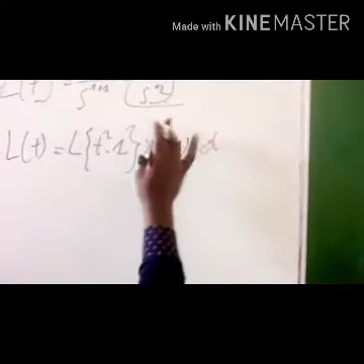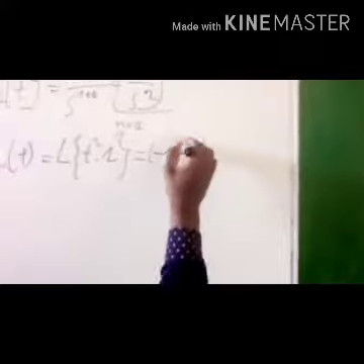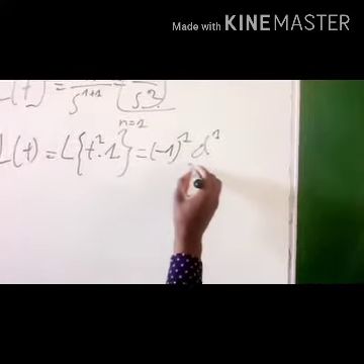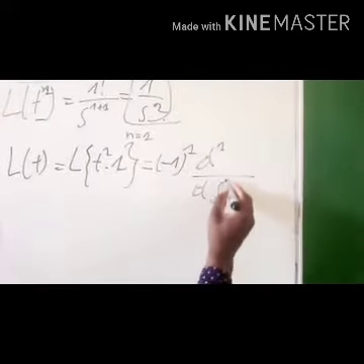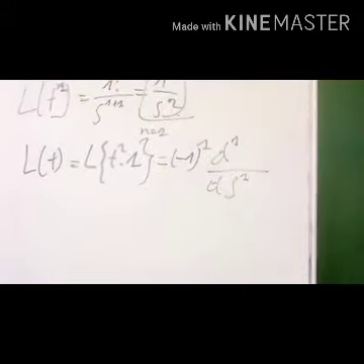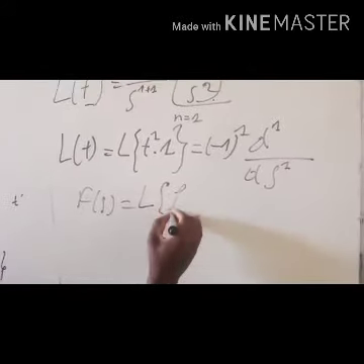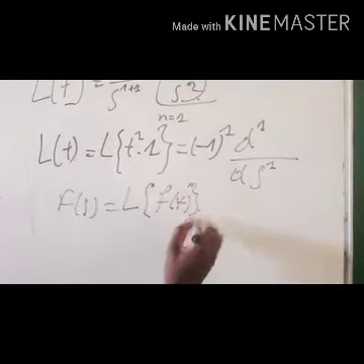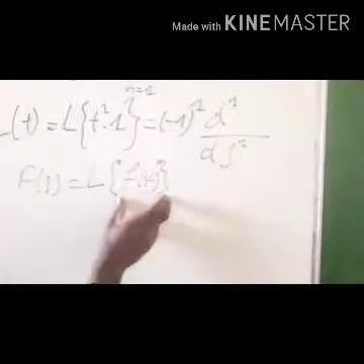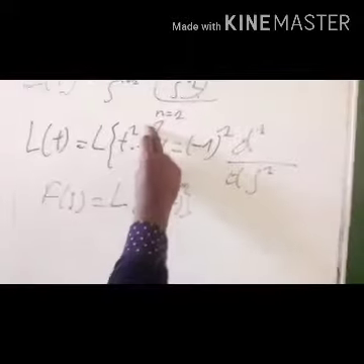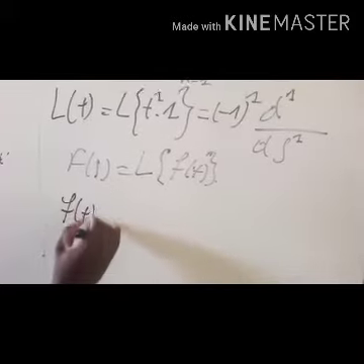We use (-1)^n d^n over ds^n of F(s), with n equal to 1, times F(s). We know that F(s) is the Laplace transform of f(t), and f(t) is equal to 1.